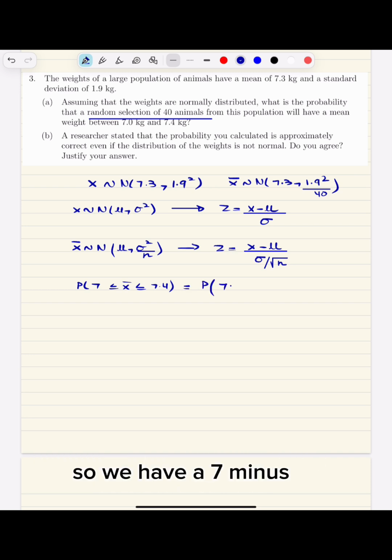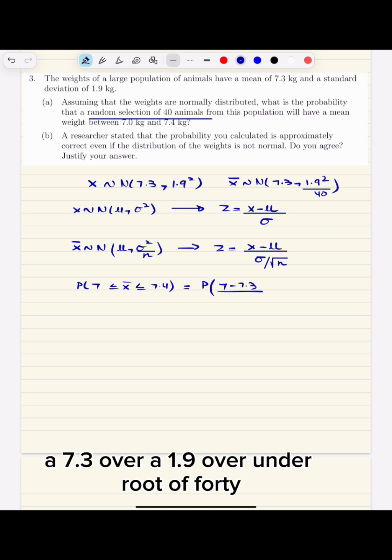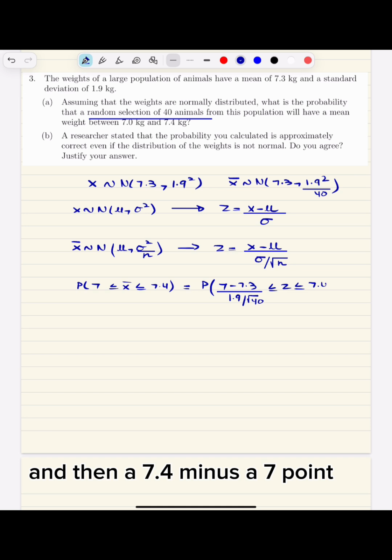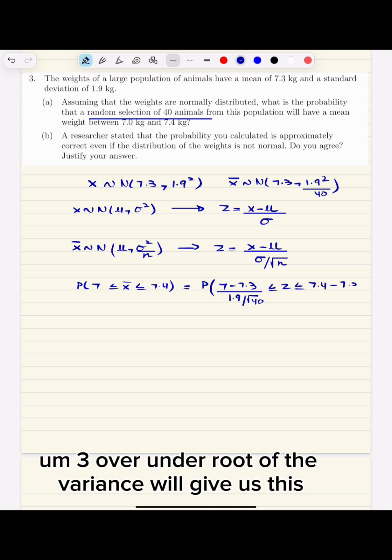So we have a 7 minus a 7.3 over a 1.9 over under root of 40, and then this is going to get converted to z, and then a 7.4 minus a 7.3 over under root of the variance will give us this.